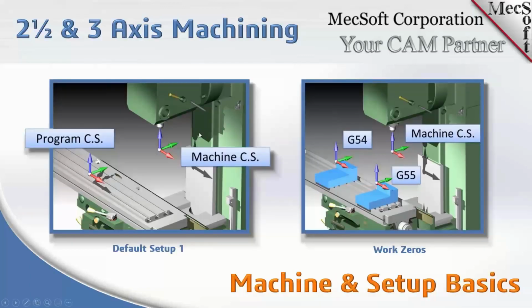Now, we'll talk very briefly about the machine and the setup. We've got two graphics here. The one on the left shows the default setup when you run the product. So when you run the product, you'll see that you have one setup defined in a machining job called setup one.